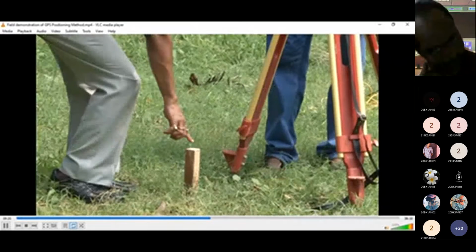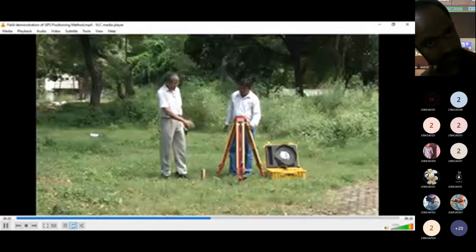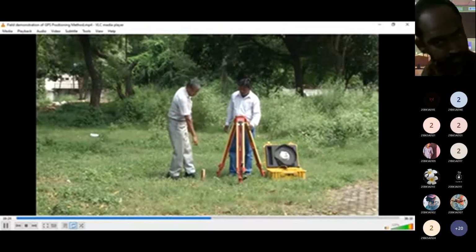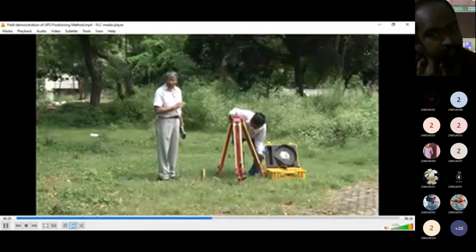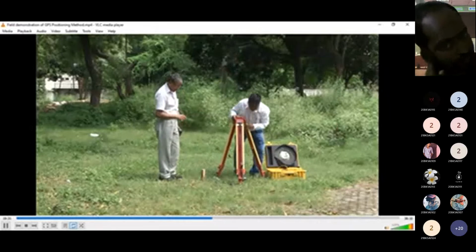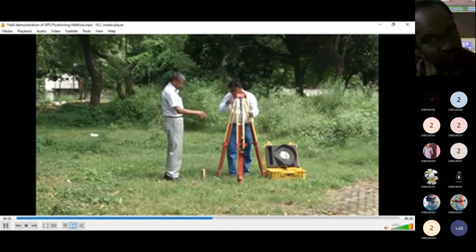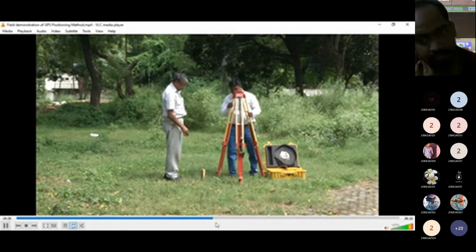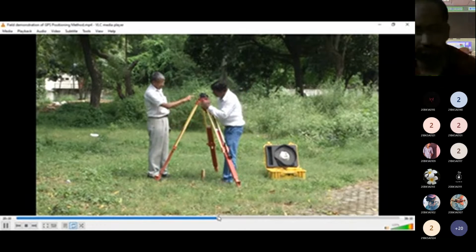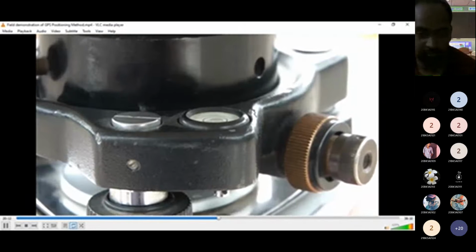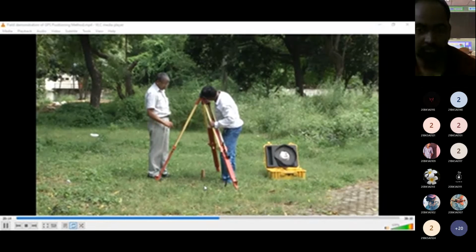We have to center as well as level our tripod stand on this point. Similar to what we did in the case of the reference station, we are doing the same thing. First we open the tripod stand, and we have placed it here, and now we will make it leveled and centered.